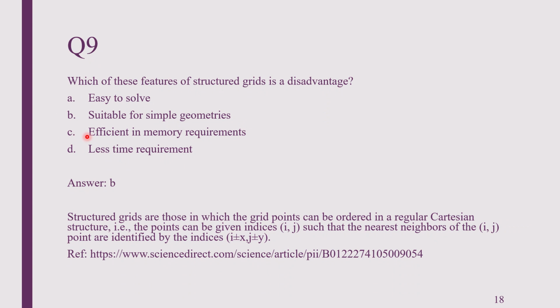Structured grids are nothing but when we are meshing the geometry, we can go with structured or unstructured mesh. Further solving of that particular geometry, like solving the equations, depends on the grid. If it is structured, it would be easier to solve.